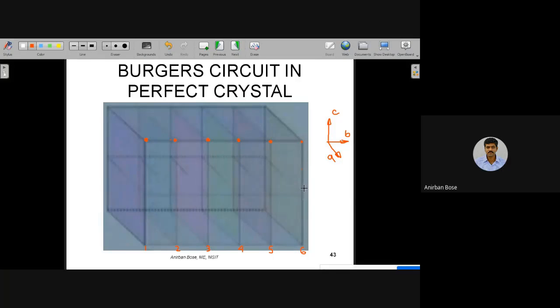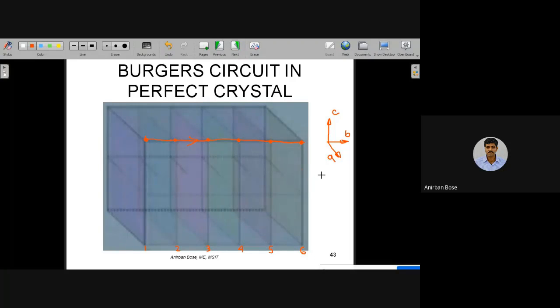Now you see that suppose you start from here and move along this direction, and come to this position.